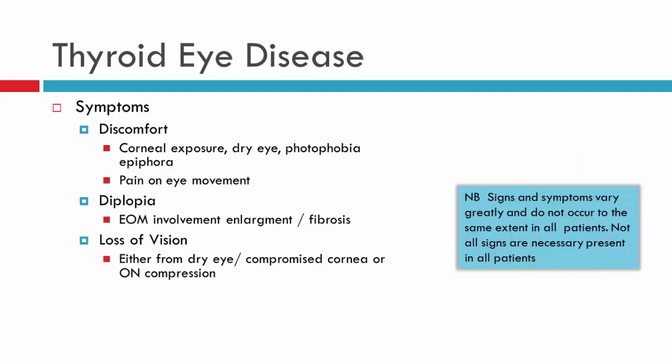From the patient's perspective, in terms of their complaints, they'll obviously complain about the signs, the exophthalmos, the staring, the redness. But in terms of symptoms, the things that they usually complain of is discomfort, which is coming from either pain on eye movements or that corneal exposure, which is creating dry eyes, and they'll have some photophobia and epiphora, etc. They may also complain of diplopia due to the extraocular muscles being involved and due to those mechanical restrictions.